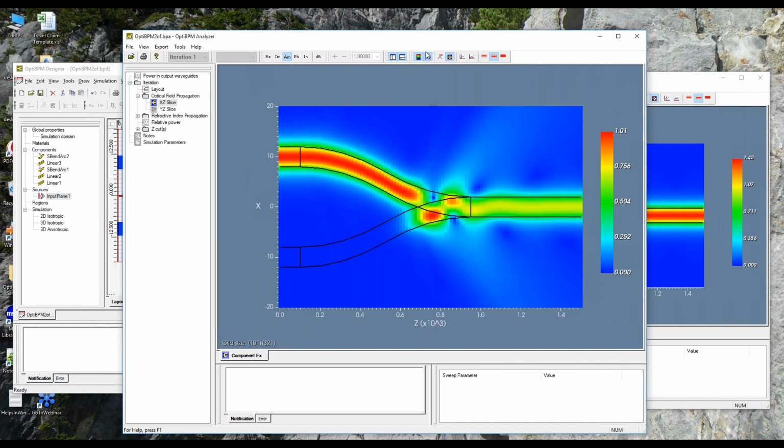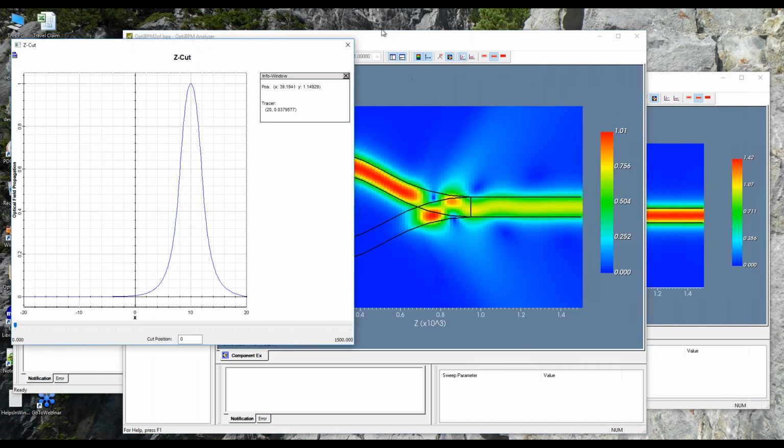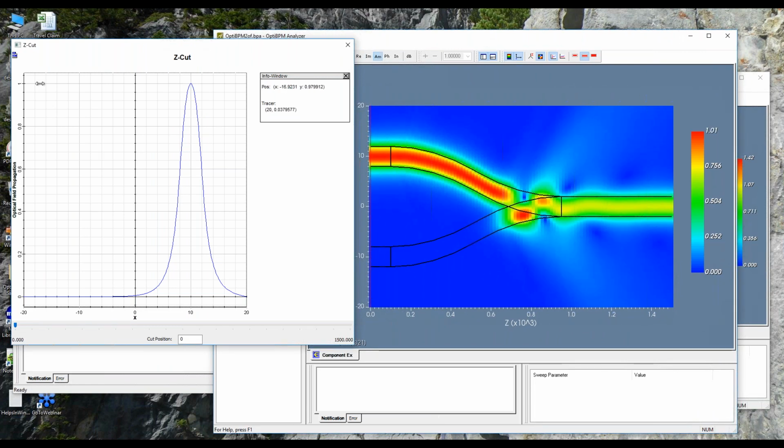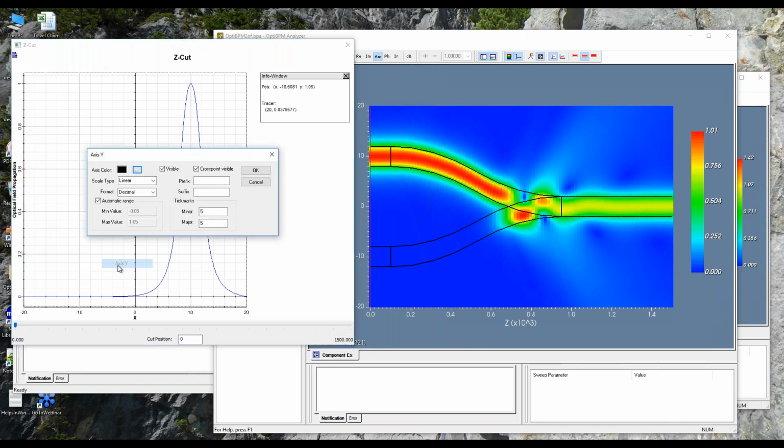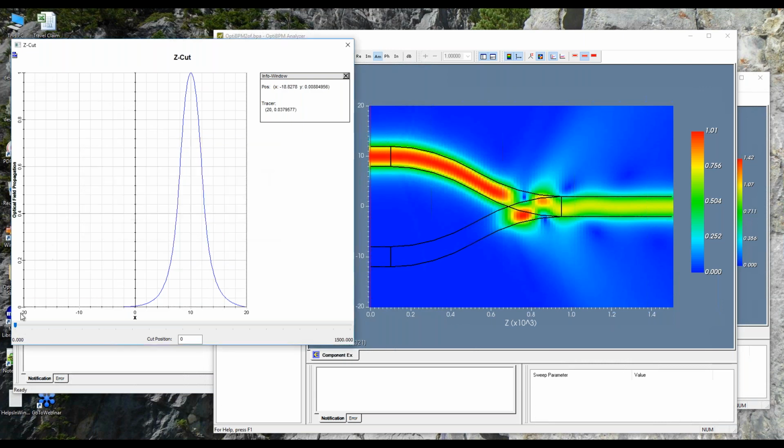And so maybe we can also look at it from this view as well. Trace through. I'll set the automatic range so that you can watch how the amplitude changes as we move.